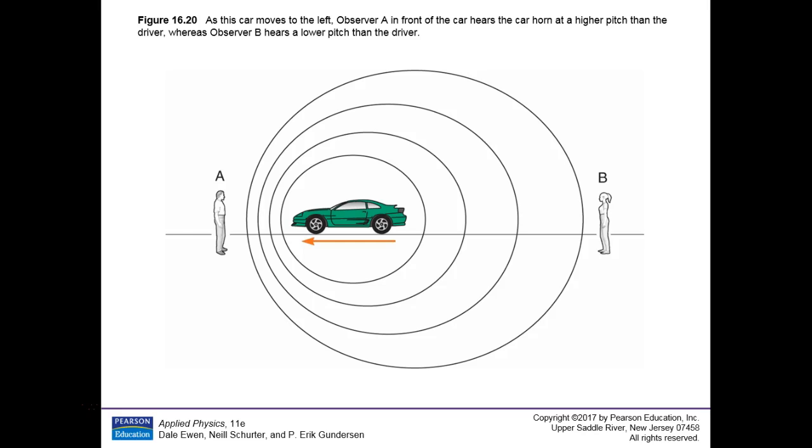Now, is that directly proportional to loudness? The loudness is also there, but that's not this. This is frequency, the wave spacing. That's cycles per second, pulses per second. These are coming to them at a higher frequency than those going to her. The loudness is just because it's getting closer.